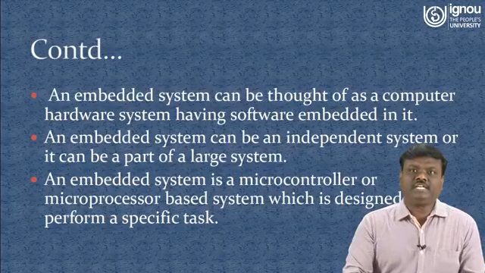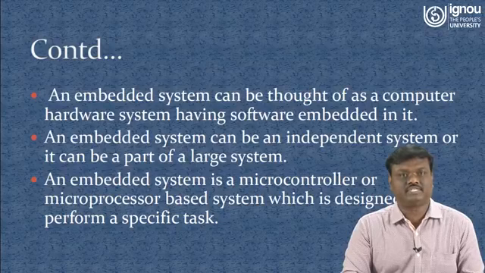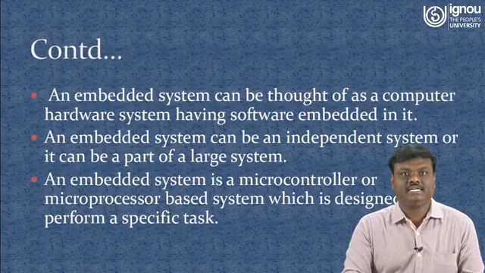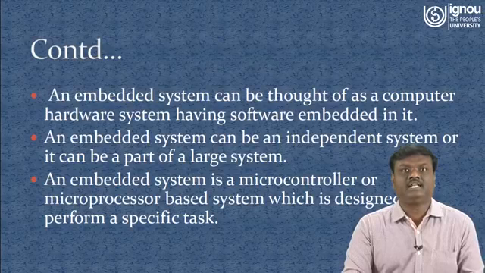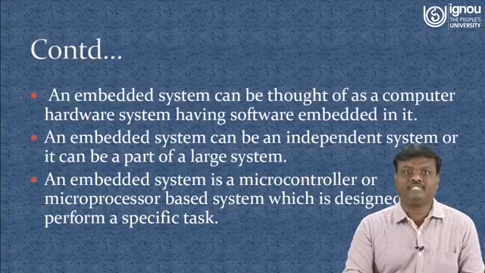You can define the embedded system in many ways. In many textbooks you have several definitions, but ultimately the underlying thing is that it is a chip and the programs residing in the chip. An embedded system can be thought of as a computer hardware system having software embedded in it.